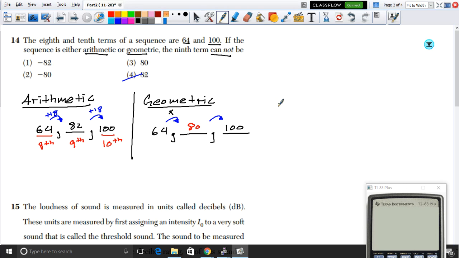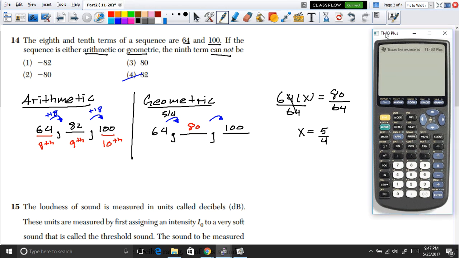which we can have the following: 64 times whatever x is should give you 80 because of our guess. Well, let's divide. So here x is equal to 5/4. So we know that 64 times 5/4 is equal to 80.